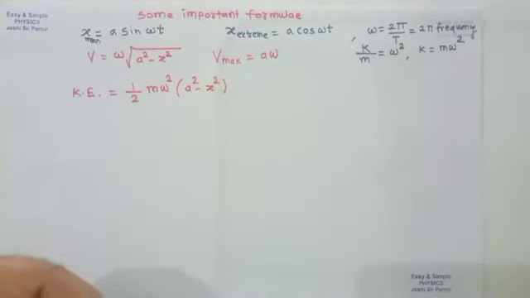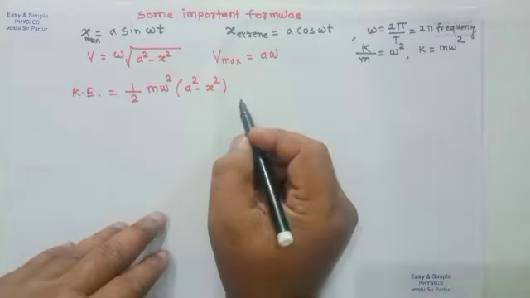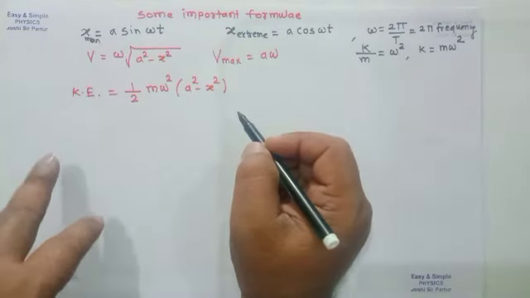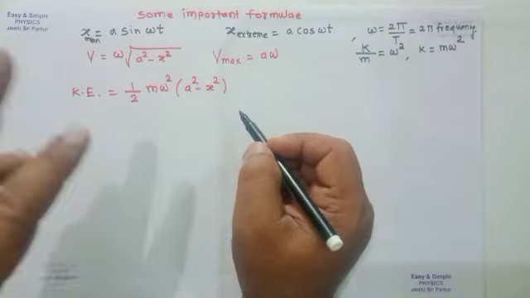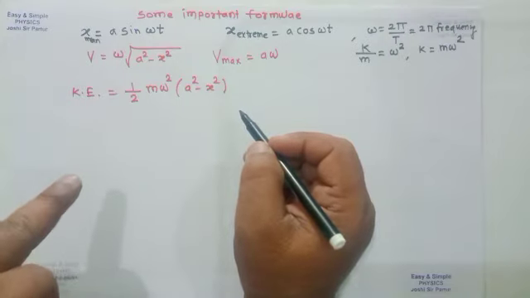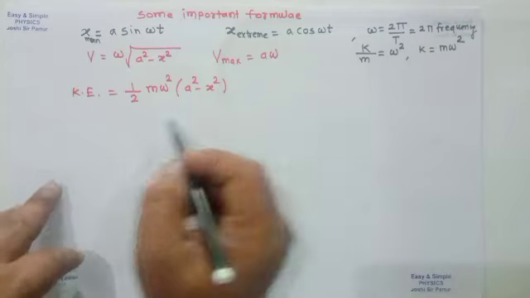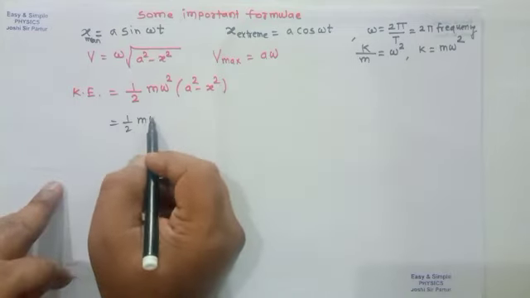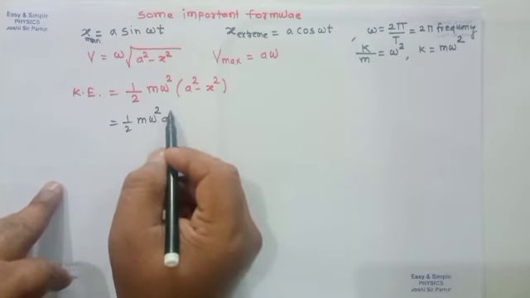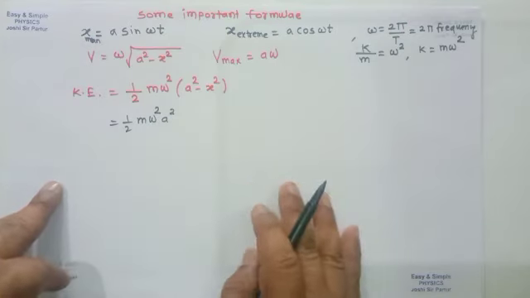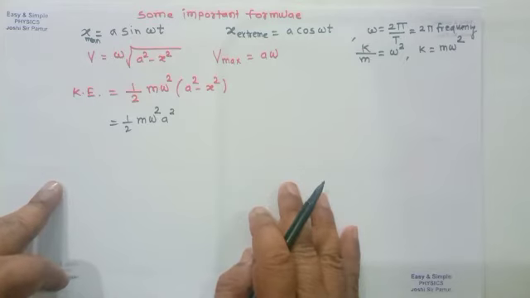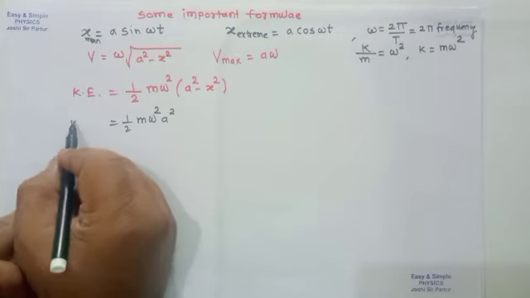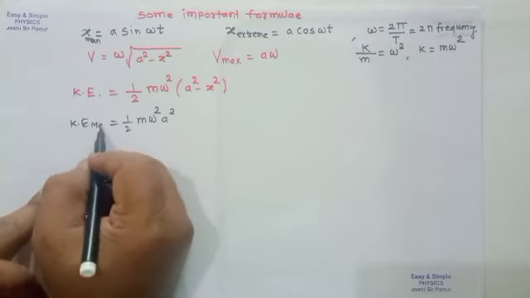whereas kinetic energy of a particle performing simple harmonic motion at mean position will be half m omega square a square, because x is 0 for mean position.